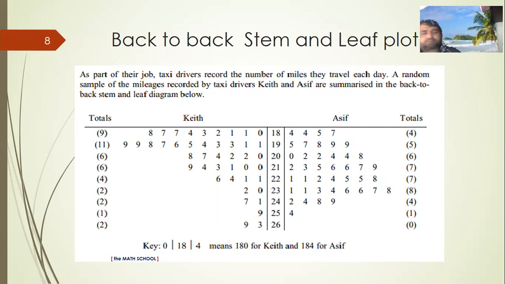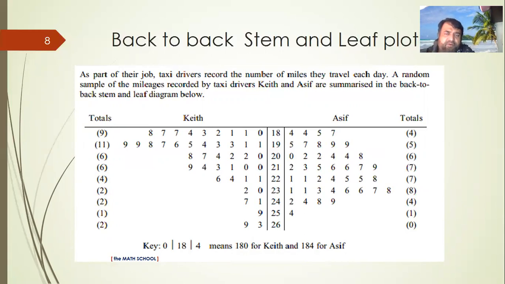So that means when we are going to make the stem, we have to see what the lowest and the highest values are, and considering that we'll make our stem. Here, the table is not given, we just have the back-to-back stem and leaf plot.